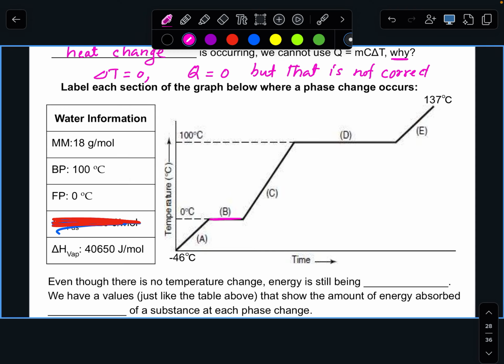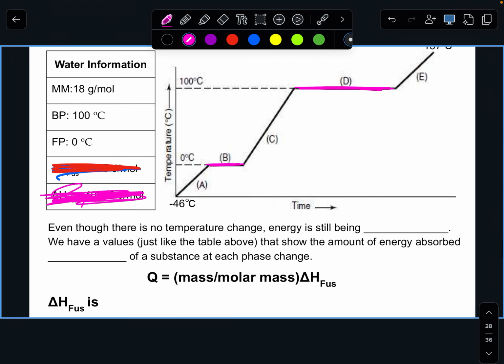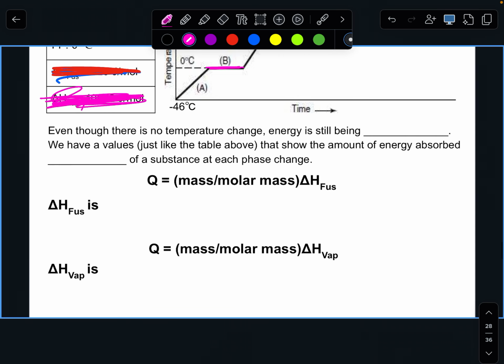So we are going to calculate the energy change in line B and line D. Okay, so we are calculating in joule per gram. That's why I crossed out that unit. Okay, so your formula I'm also going to change.